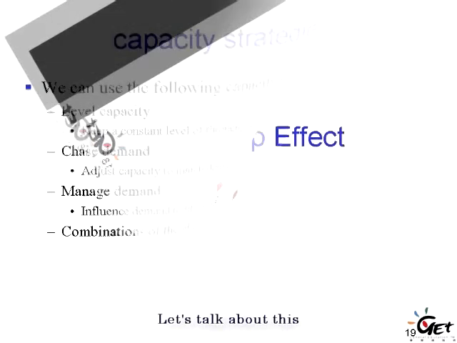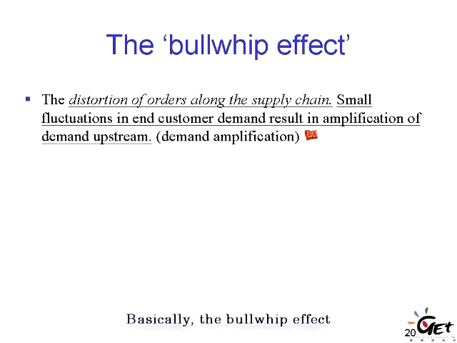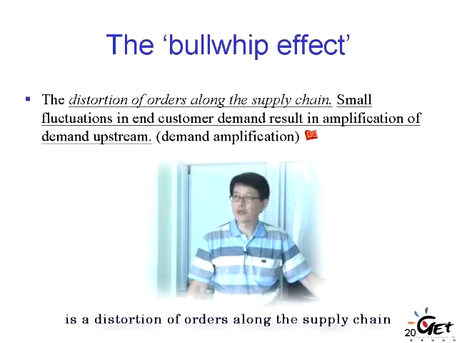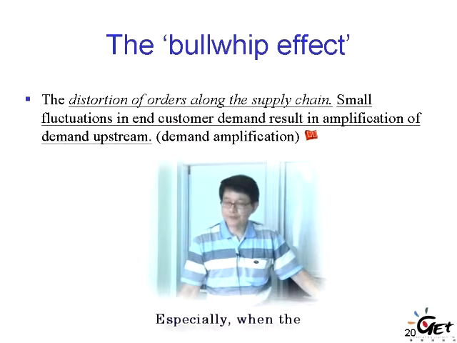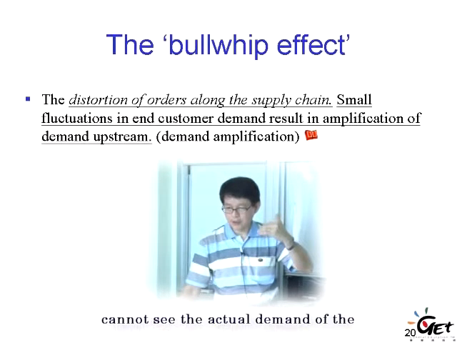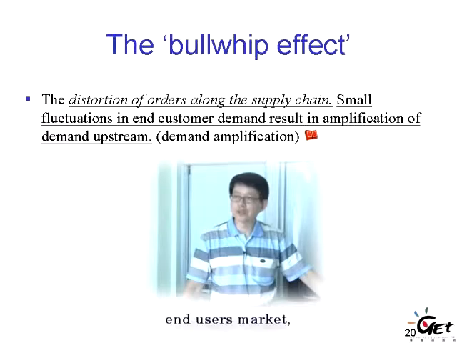Let's talk about a very common phenomenon in the supply chain. We call this the bullwhip effect. Basically, the bullwhip effect is a distortion of orders along the supply chain, especially when the upstream suppliers cannot see the actual demand of the end-user markets.